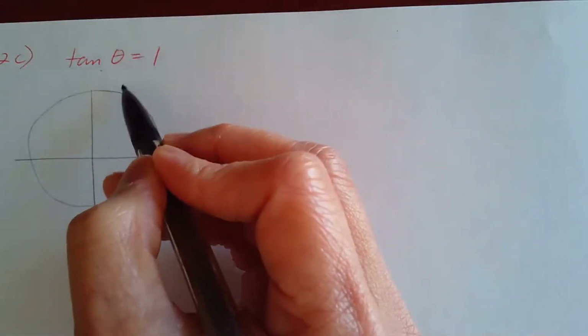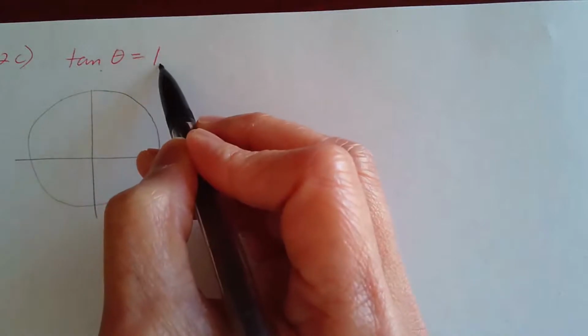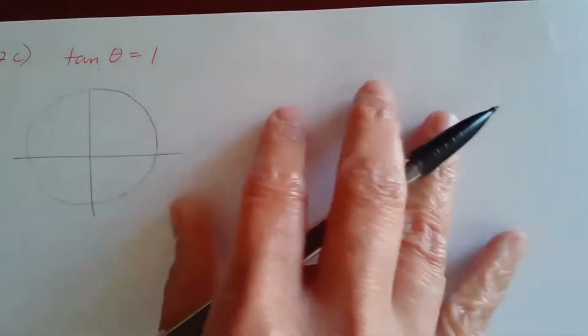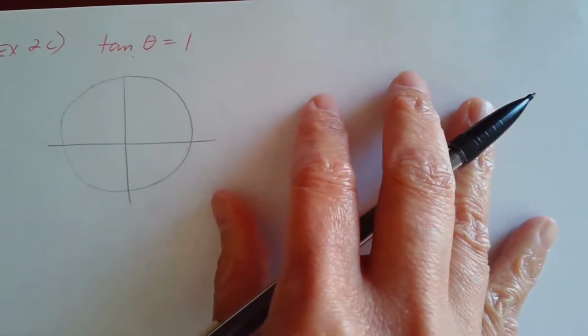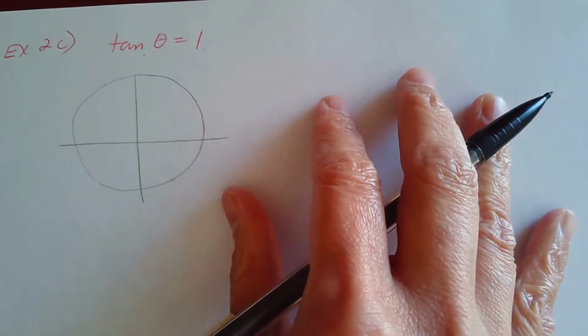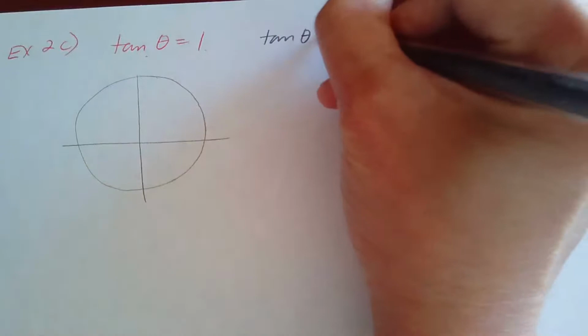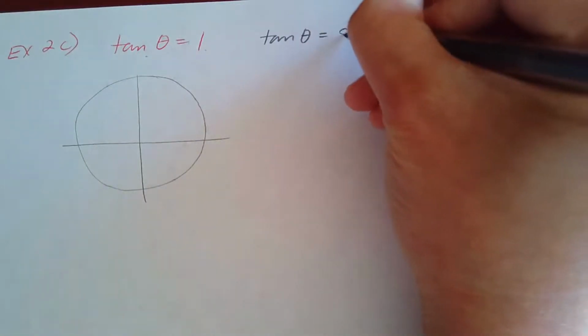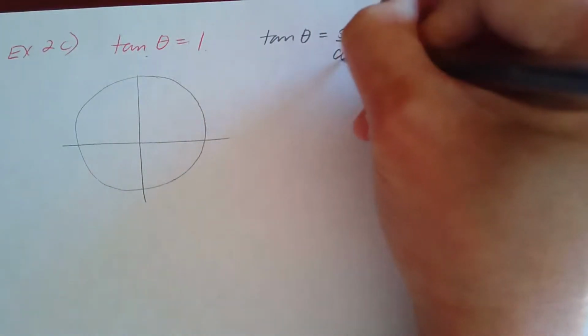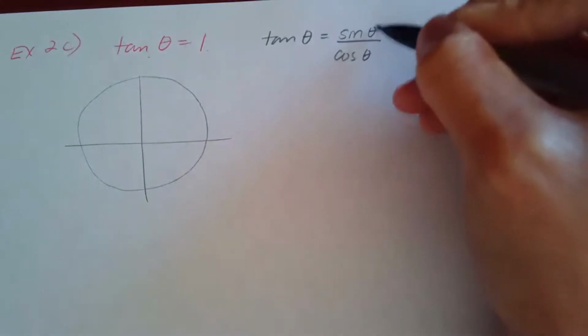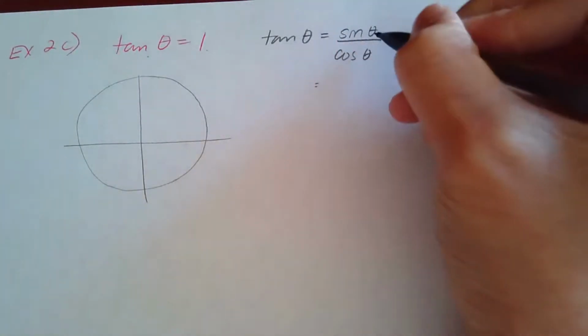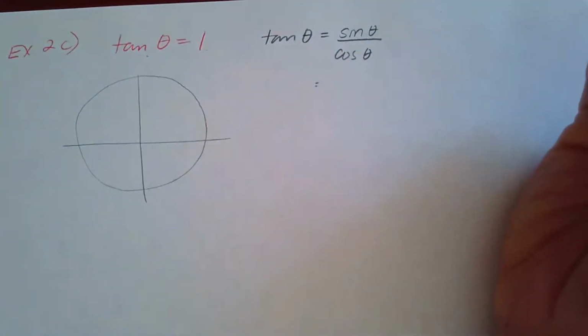In this particular case, because it's equal to 1, the sine theta and the cos theta have to be equal to each other.